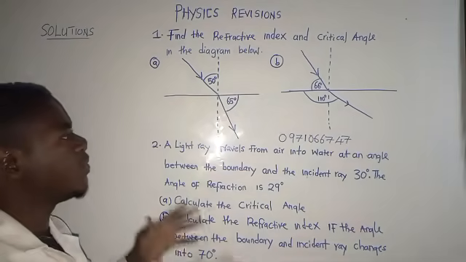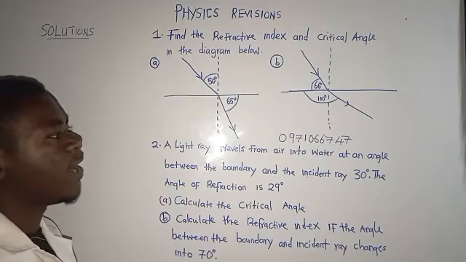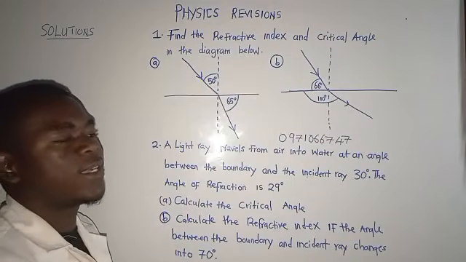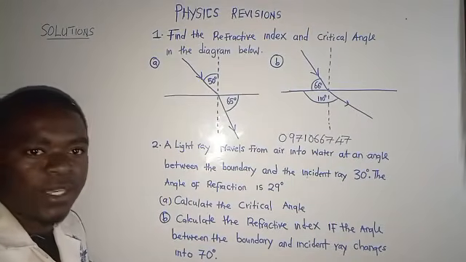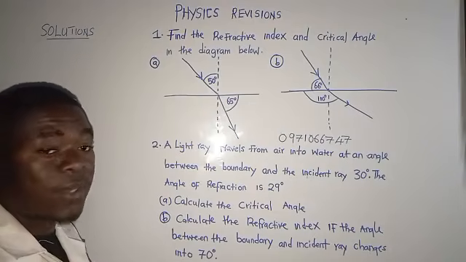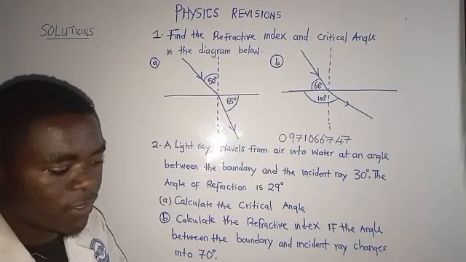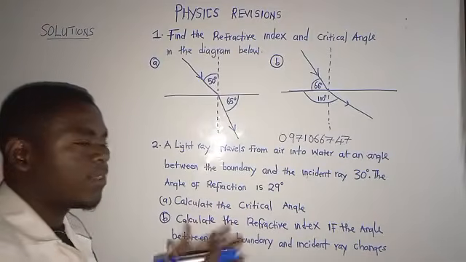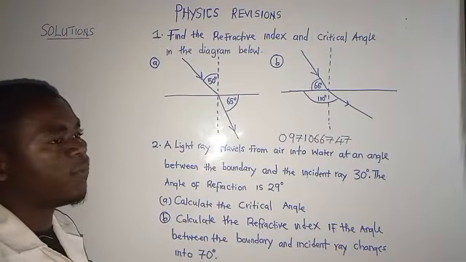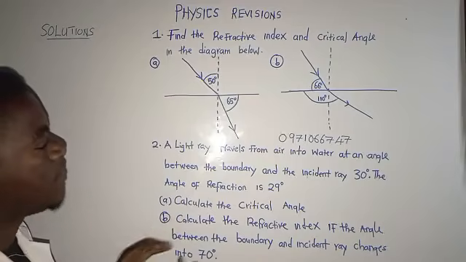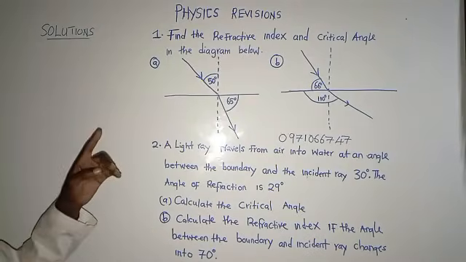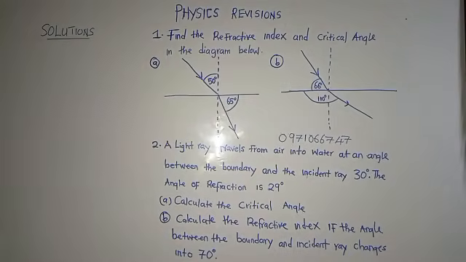Those of you that know how to answer these questions and those of you getting this for the first time, I am going to be as slow as I can so that I can help those revising and those learning something new. If you want to find the critical angle, there is something that you need to know.